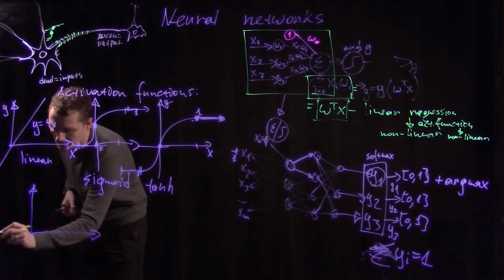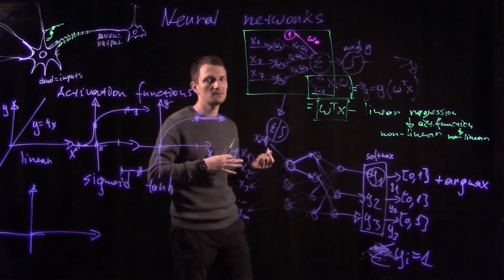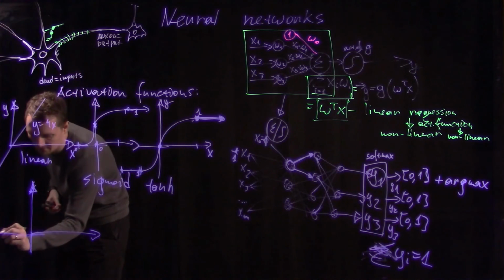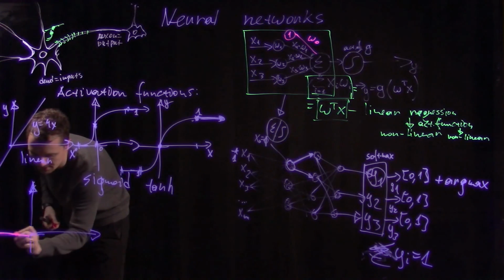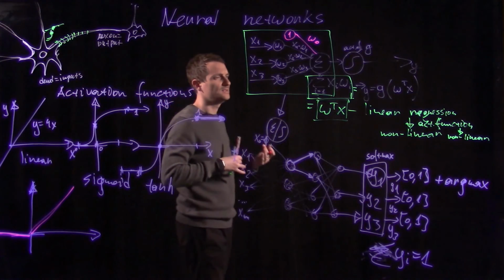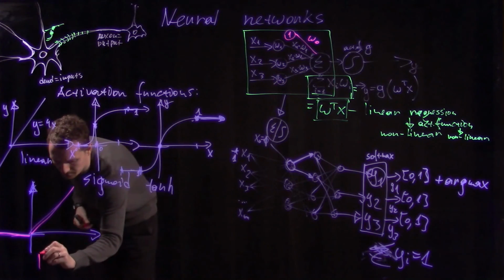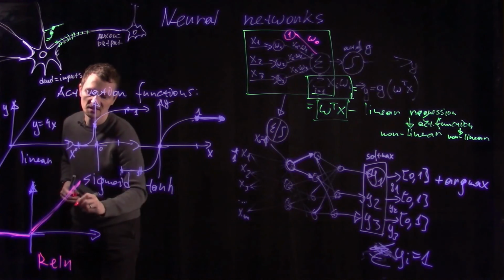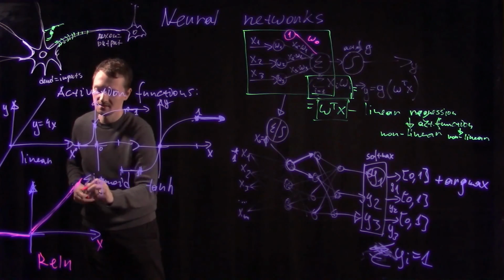So you basically do not have an area or range where you have zero gradient, except if your input value is too low or below 0. This activation function is called rectified linear unit, or ReLU. And in this case, no matter how large the input is, you will have a certain gradient value that is the same every time.